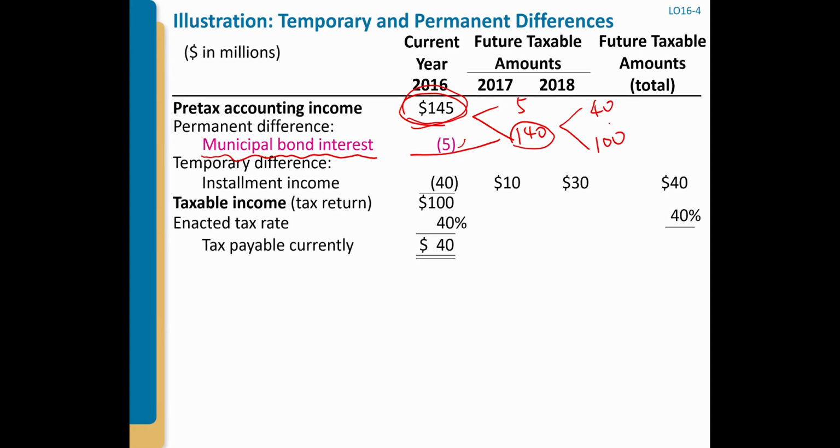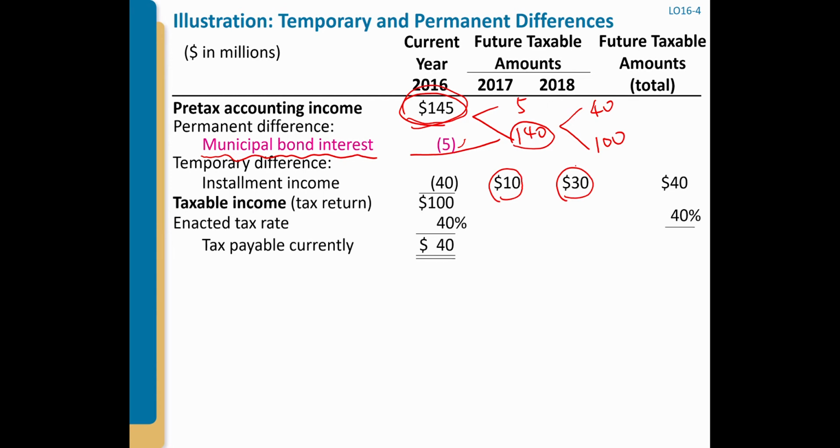But on the tax return, we don't pay tax on that 40 because we haven't received the payment yet. Under the tax code, we pay tax when we receive the payments, which is in 2017, 10 million, and 2018, 30 millions.